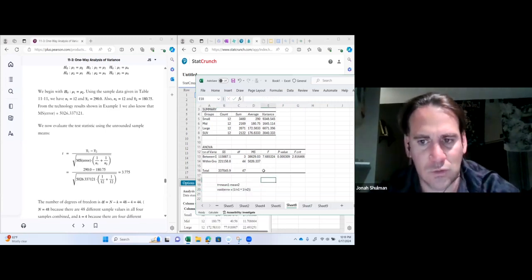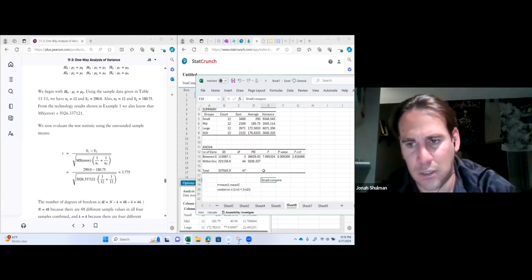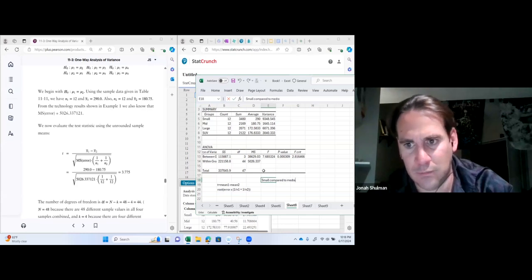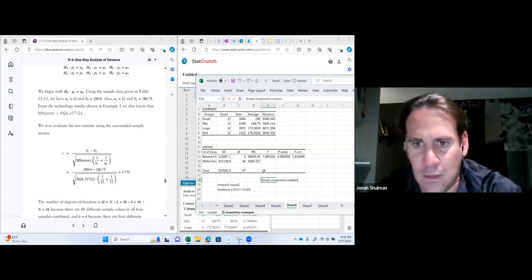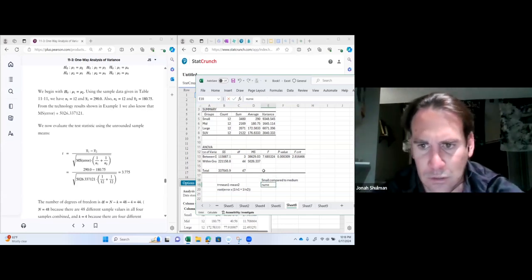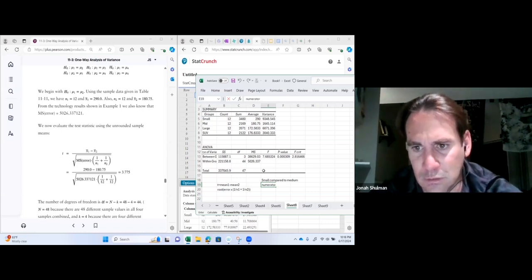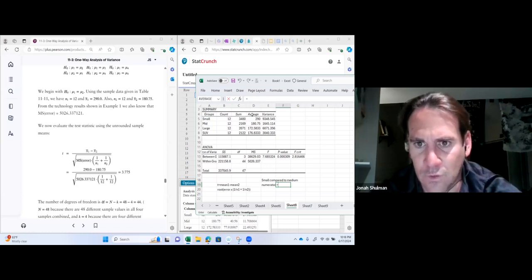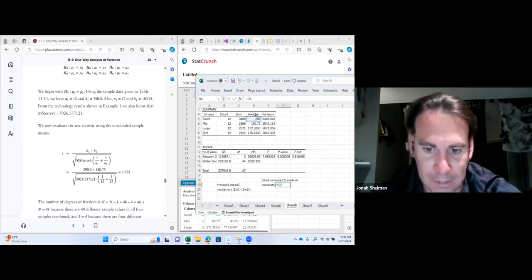So the first one, we're just going to do small paired to medium. How do we do that? So this is our numerator, and we're just getting the t-statistic. So our numerator is what? It's equal to the first mean minus the second mean.